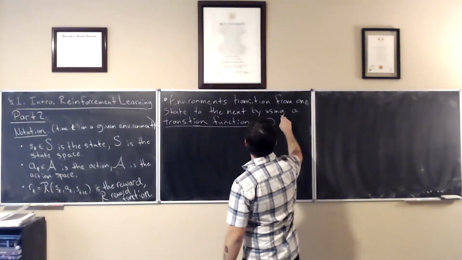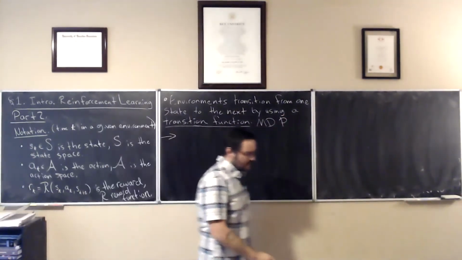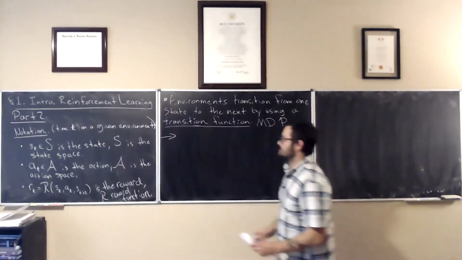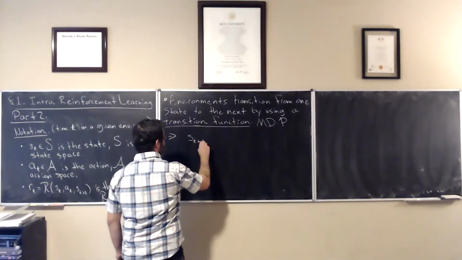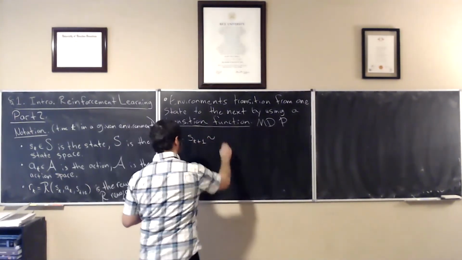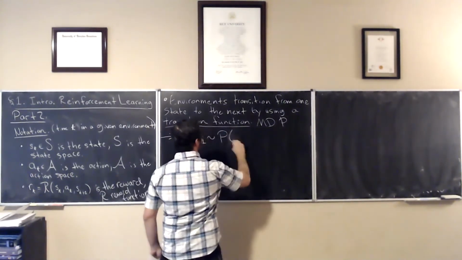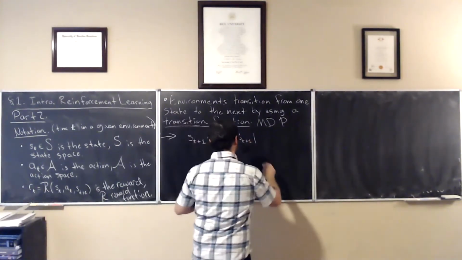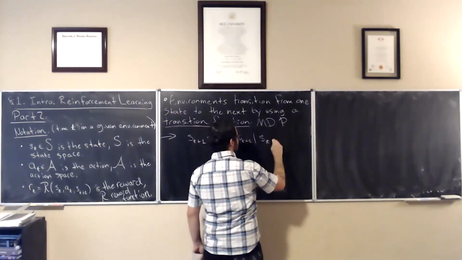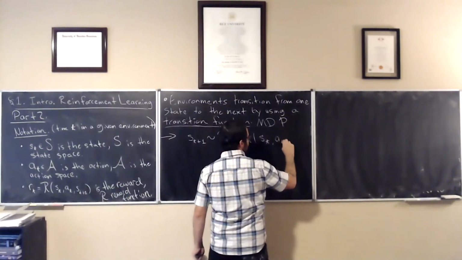So the Markov decision process gives that the next state, s_{t+1}, is sampled from a probability distribution of choosing state s_{t+1}, given we were just in state s_t and we took action a_t.